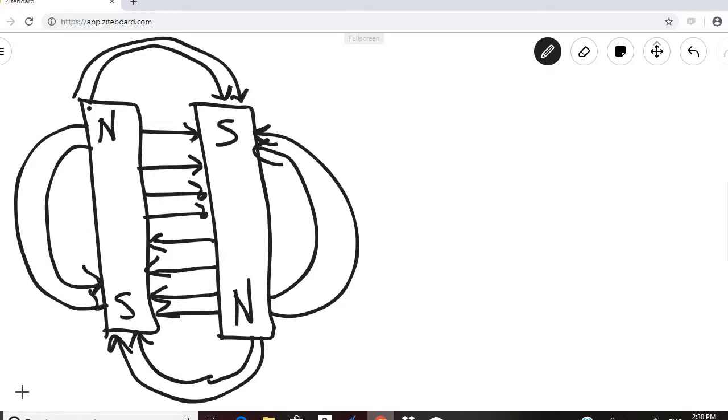Again, the number of lines indicates the strength of a magnetic field. So that's one example of how you could draw the magnetic field lines.